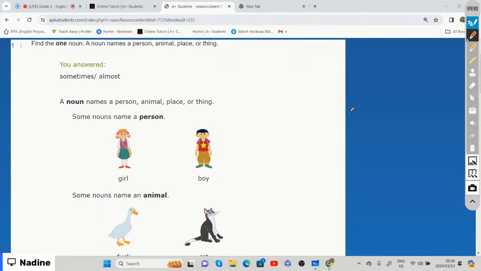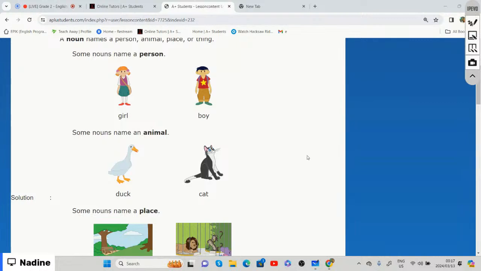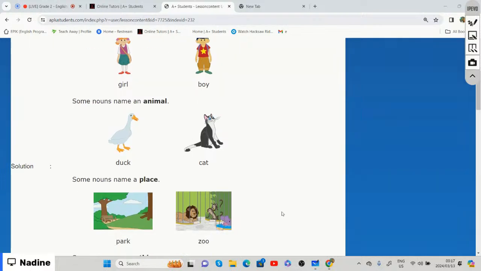It also names an animal, for example, we have a duck, a cat, a dog, a lion. It names animals.